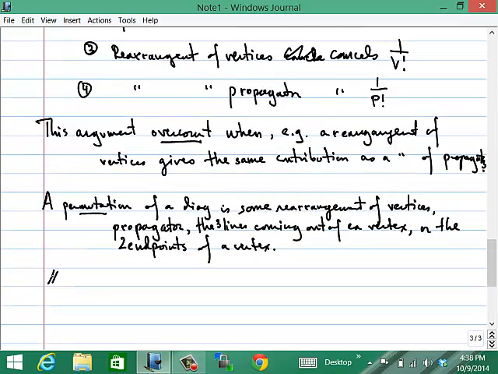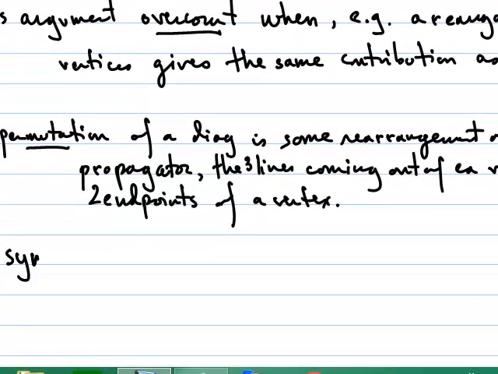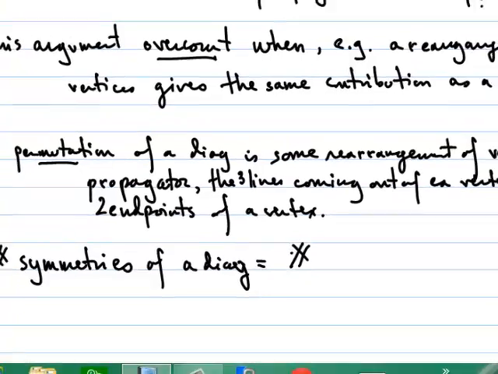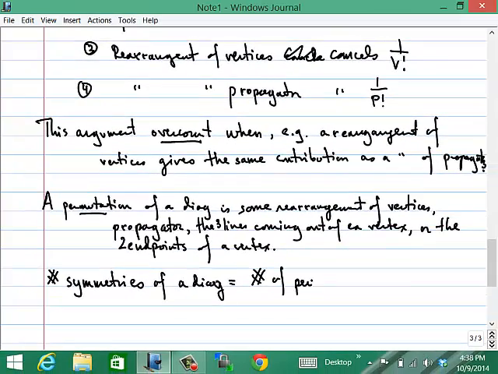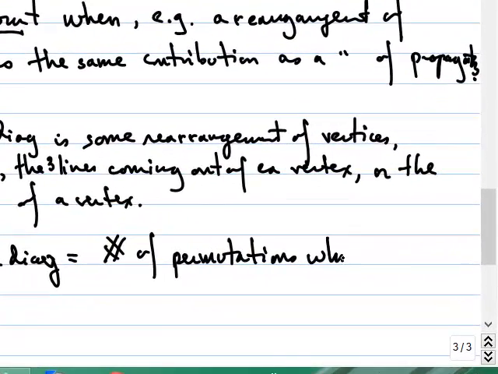But the number of symmetries of a Feynman diagram is the number of permutations which happen to give the same result.